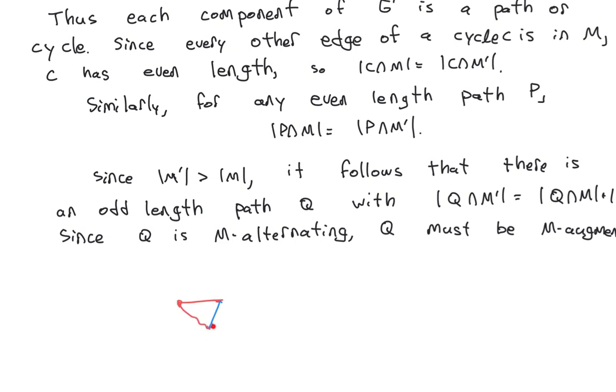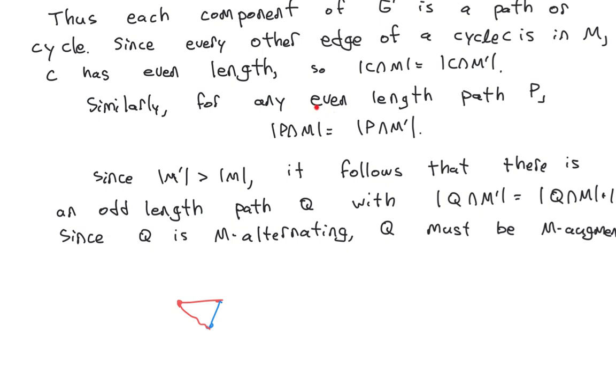because then you have to end up with a vertex incident to two red edges, and that's not possible because the red edges have to form a matching, or two blue edges. So we now know that every cycle has to have even length, and in particular, the number of edges in the cycle from M and the number of edges in the cycle from M' have to be the same.